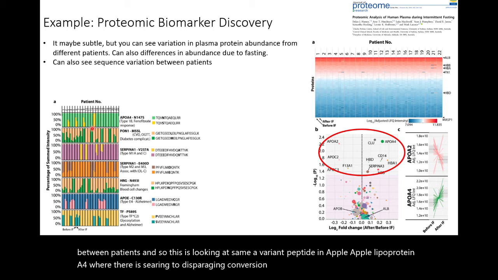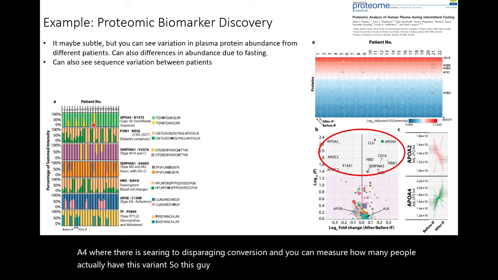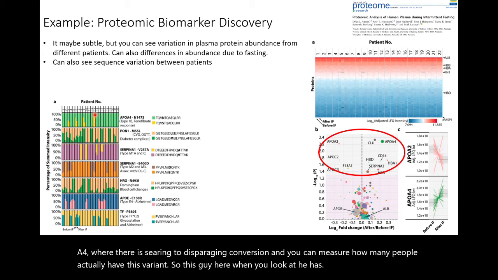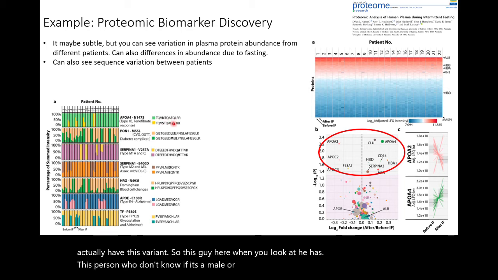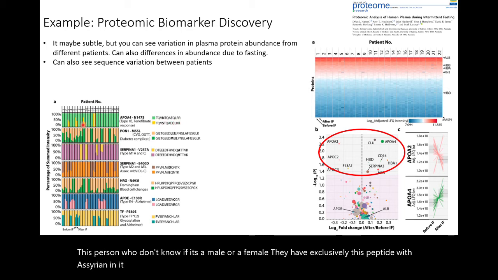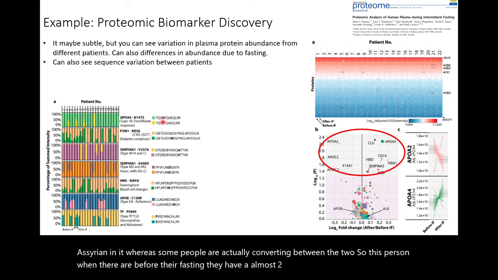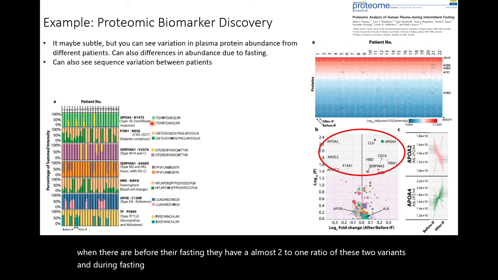So this person, who I don't know if it's a male or a female, has exclusively this peptide with the serine in it, whereas some people are actually converting between the two. So this person, before they're fasting, has almost a 2-to-1 ratio of these two variants, and during fasting it actually flips over and goes the other way, where this variant becomes more common than this variant.